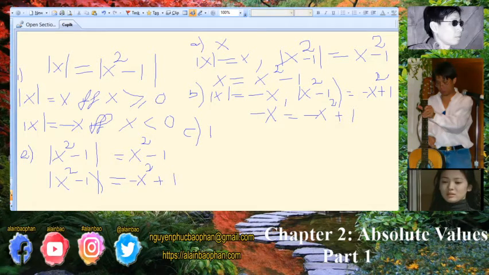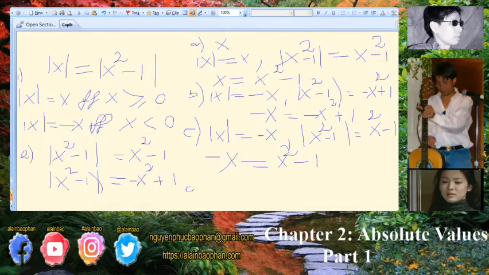Let's take the first case, absolute x equal minus x, and we combine with absolute of x squared minus 1 equal x squared minus 1. Then we will have minus x equal x squared minus 1.